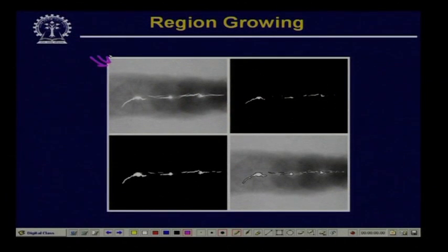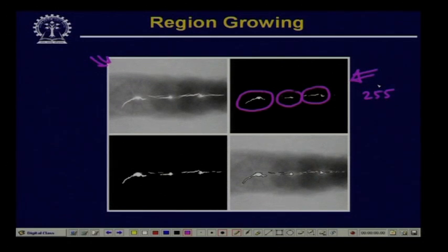So, this top left one is the X-ray image of a welded part, and the nature of the problem says that whenever there is a fault, then the faulty regions in the X-ray image are going to have very high intensity values. So, here on the left hand side, it is first a simple thresholding based segmentation operation, where these are the regions having pixel values near an intensity value of 255, that is the maximum intensity value.